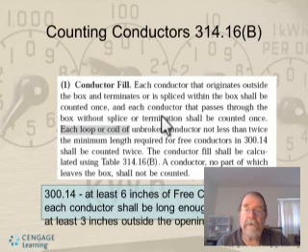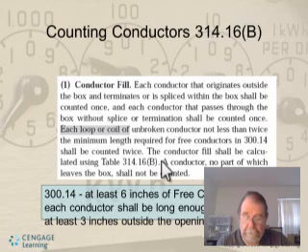Each conductor that passes through the box without a splice or termination shall be counted once. And each loop or coil of unbroken conductor not less than twice the minimum length required for free conductors, and this is in 300.14, shall be counted twice.